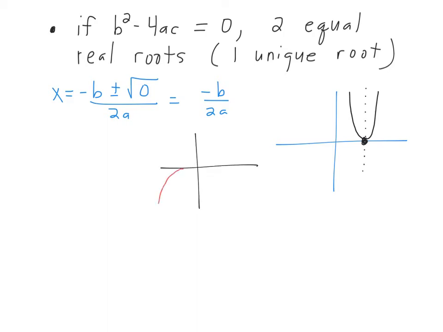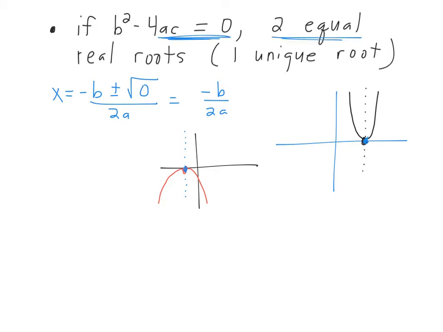You could draw it like this if it's opening down. But it would still be the case that the axis of symmetry is there, running through that root. So you can see there's one root, there's only one spot where it's hitting the x-axis. So if the discriminant is equal to 0, you have one distinct root.